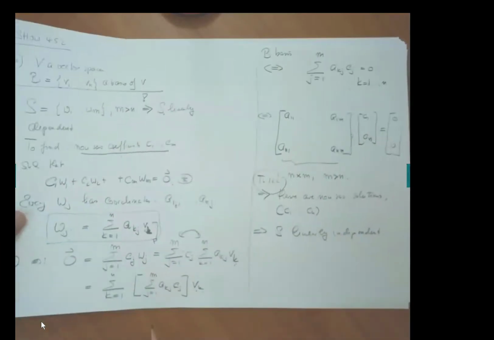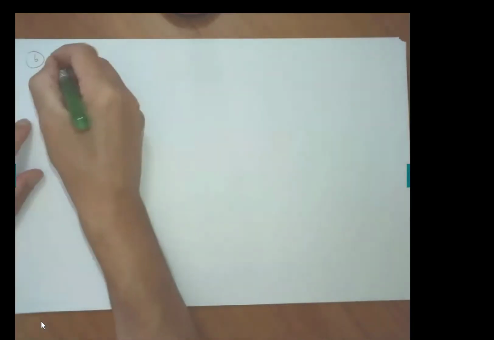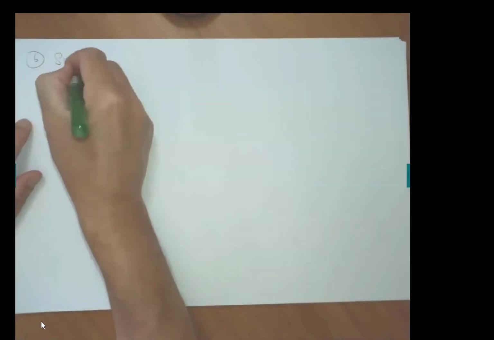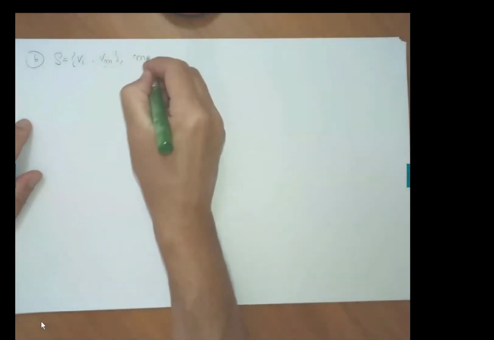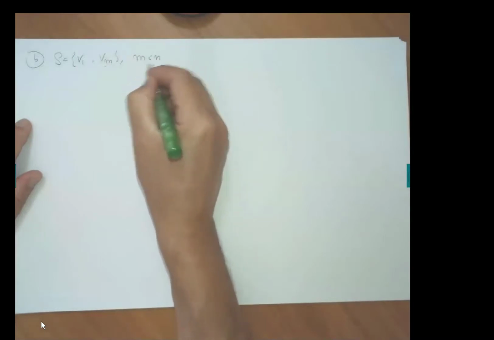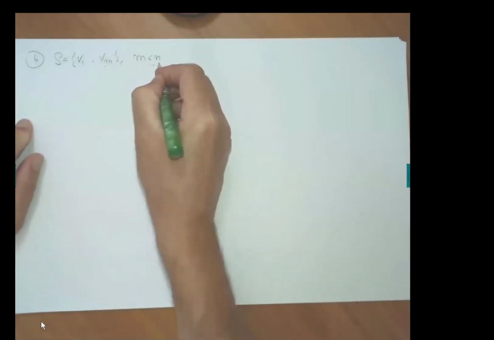Okay, so we go to part B. So part B is, we have now a set S of v1 to vm. This time we have less than n vectors, so less than the number of elements in the basis.